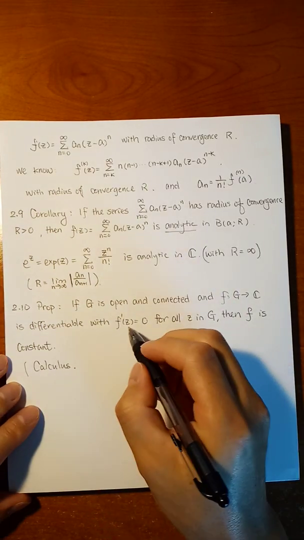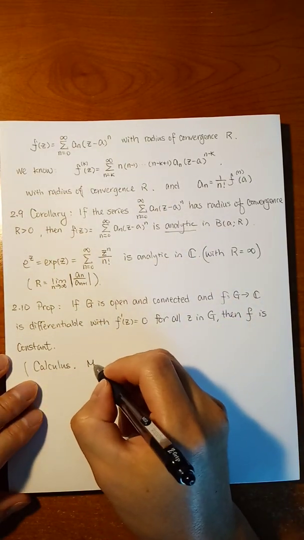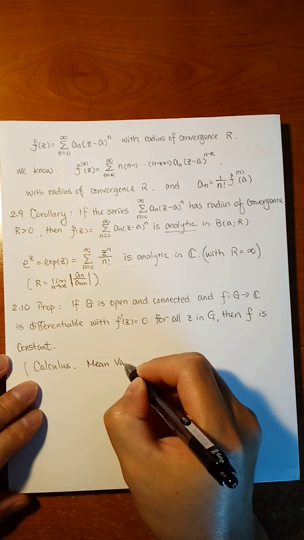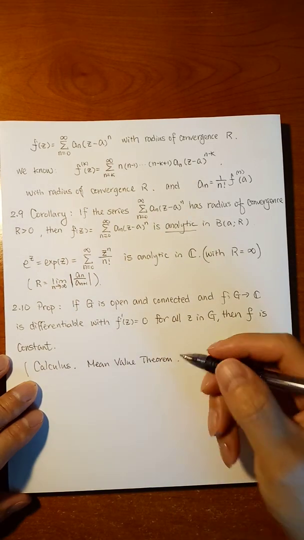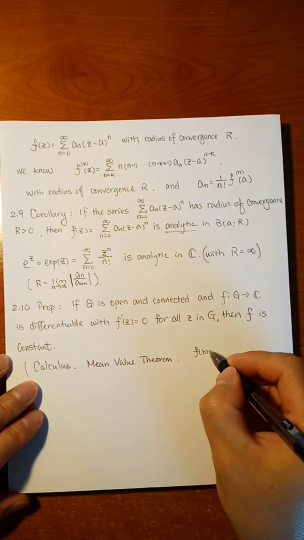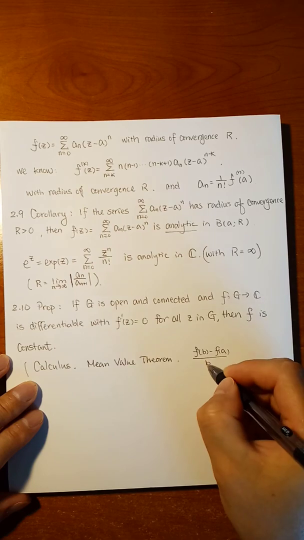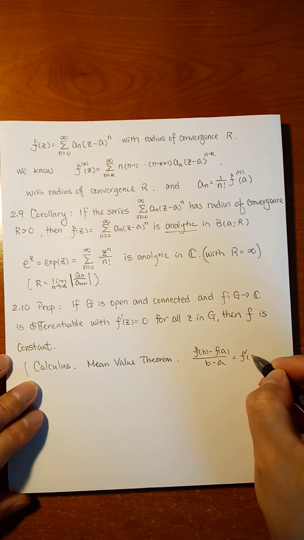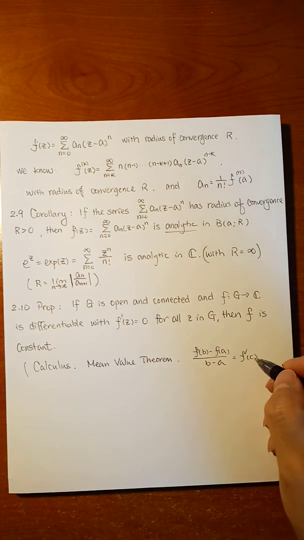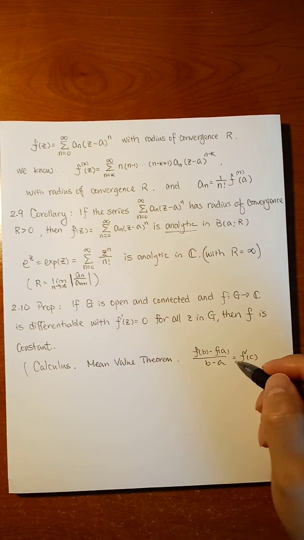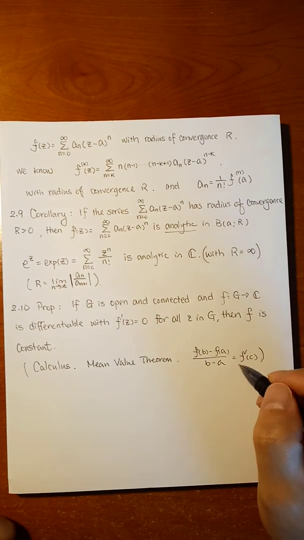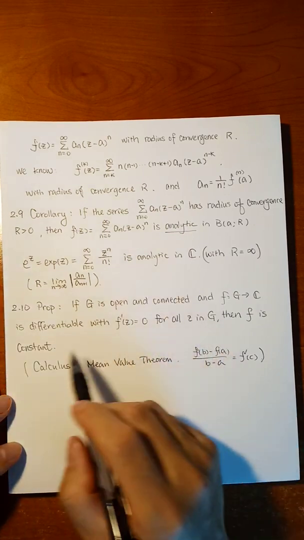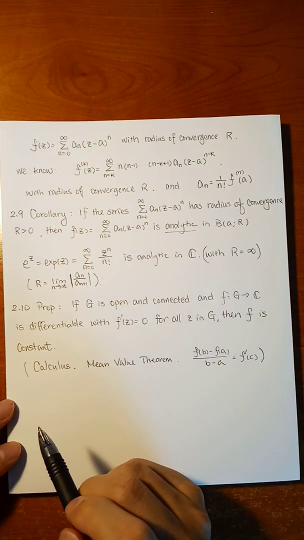In calculus, in order to prove this, we need the mean value theorem: f(b) minus f(a) over b minus a is equal to f prime of c for some c. And because f prime of c is equal to 0, f(b) is always equal to f(a). So that's the reason behind the theorem in real calculus.